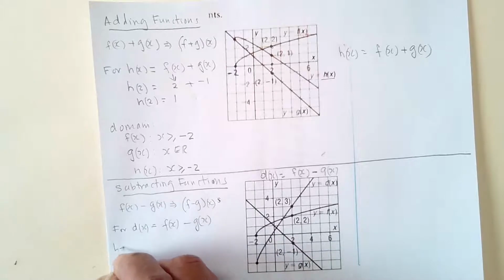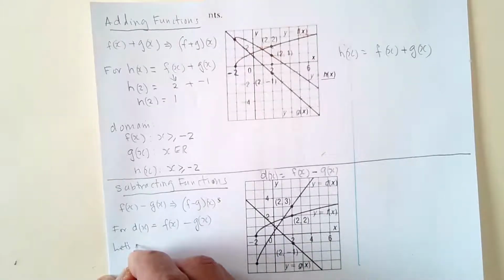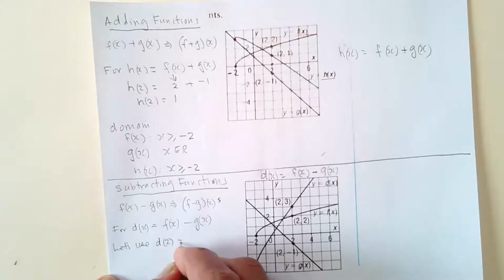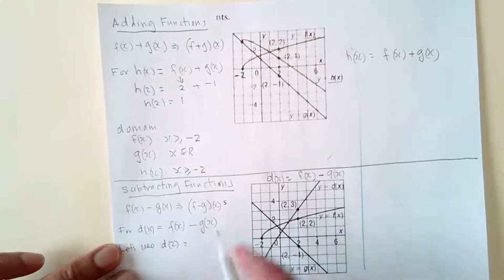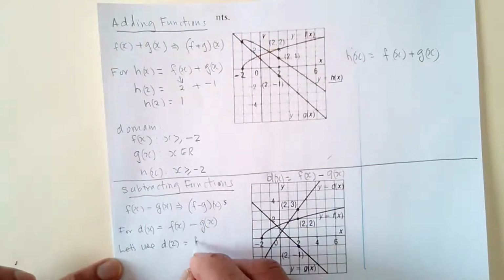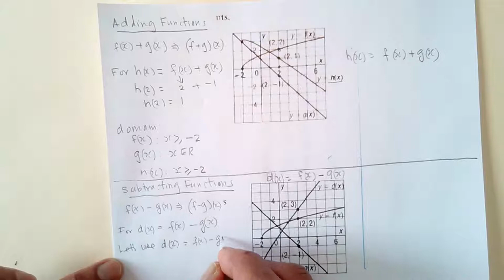So let's use d of 2. So f of x minus g of x.